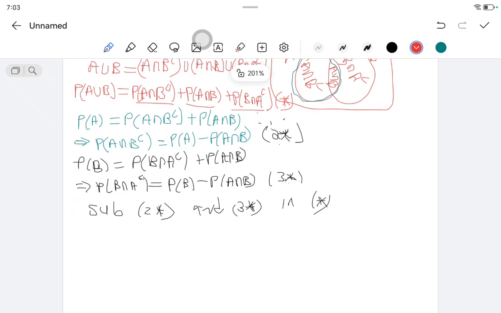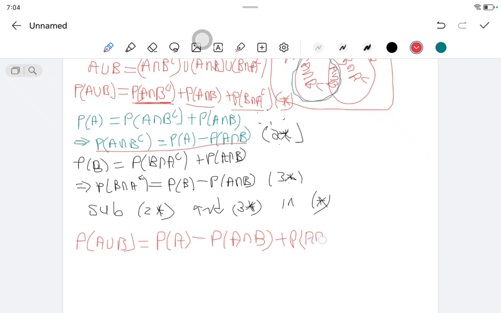Where I'm going to have the probability of A union B. Now the probability of this one is the probability of A minus the probability of A and B, plus the probability of A and B, which is this one.